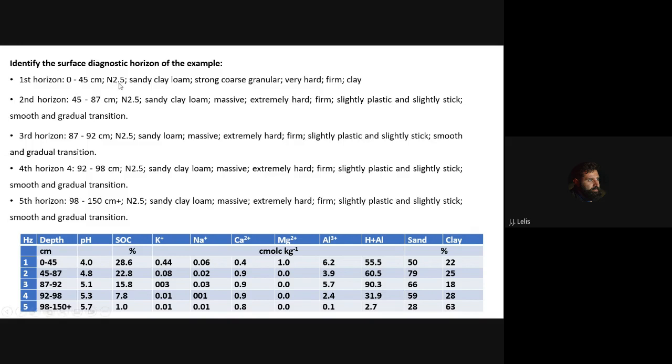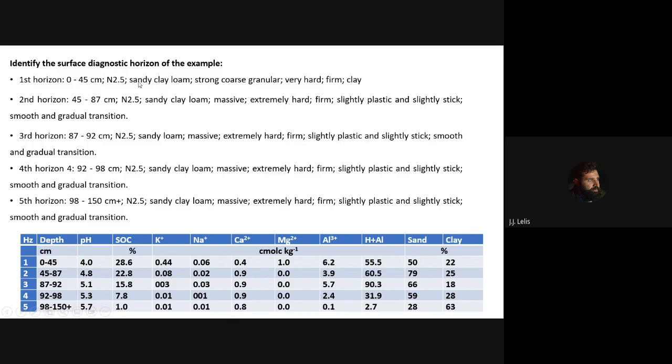All of these horizons present this N, so it means that it does not possess a hue, not a red or green or yellow color. It's quite important to us for the identification of the surface diagnostic horizon in this example.